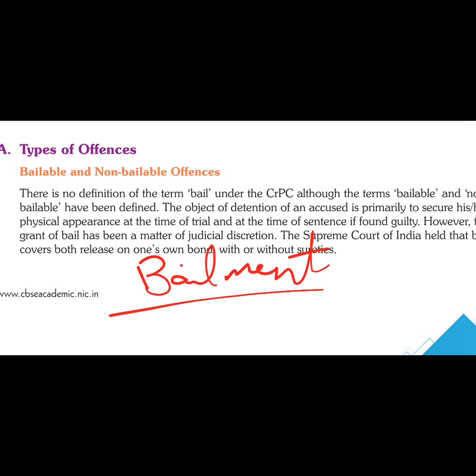So that is bailment. Now remember this, you are giving something to somebody for a specified period of time, and after the lapse of that period, that item has to return to you. Fine. Now that means your ownership has not been lost, only the item was in the possession of another person for a certain period of time.